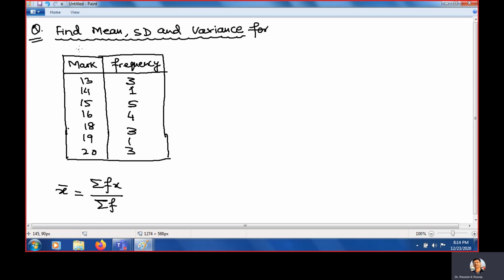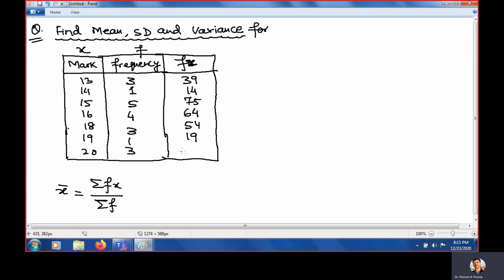The marks are x and the frequencies are f, so we need to develop another column here for f into x. 13 times 3 is 39. 14 times 1 is 14. 15 times 5 is 75. 16 times 4, 64. 18 times 3, 54. 19 times 1, 19. And 20 times 3 is 60.